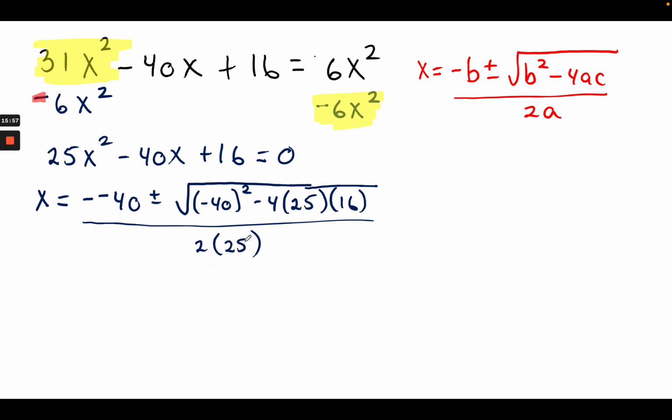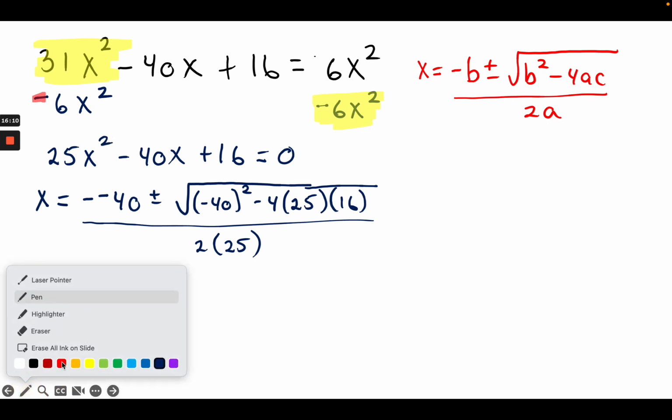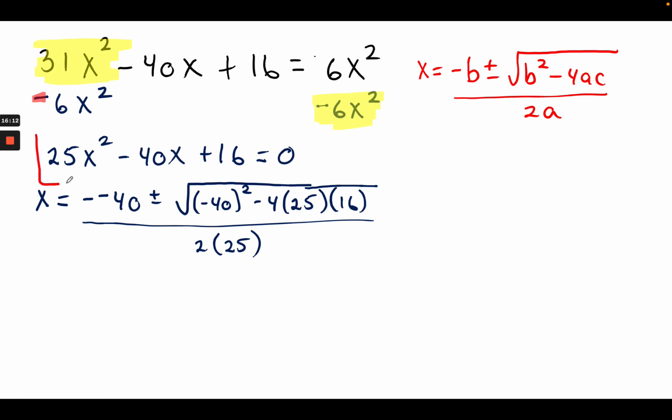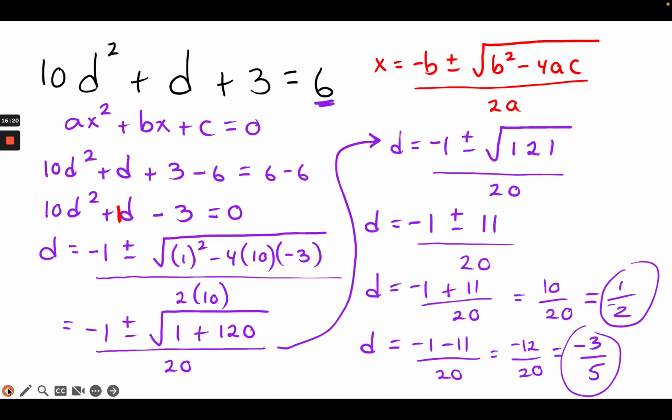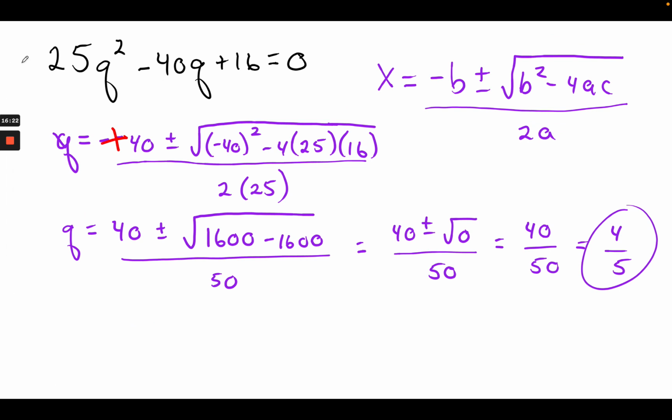Did we do this one already? Boy, it sure feels like it, doesn't it? That's interesting. Let's go back a minute. Look at this equation that we got after we subtracted the 6x squared. Look at this equation right here. 25x squared minus 40x plus 16. Look at that. Same one. Same problem.